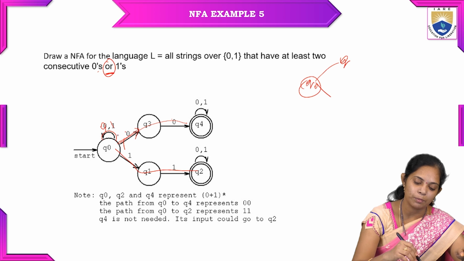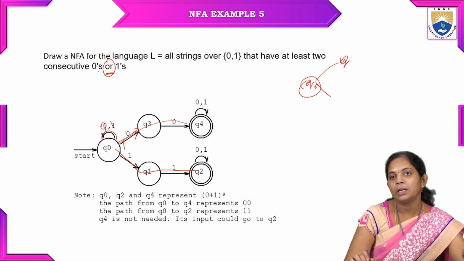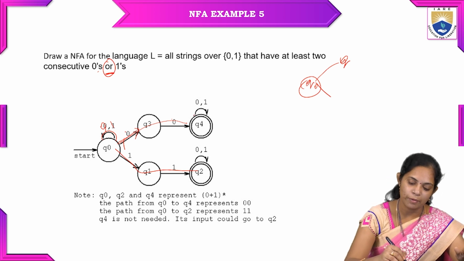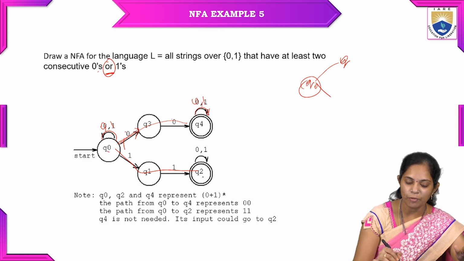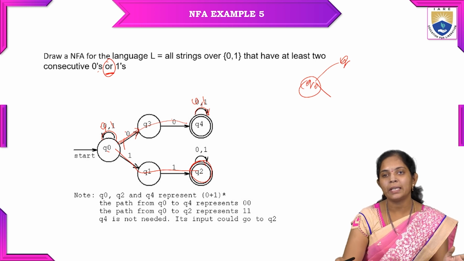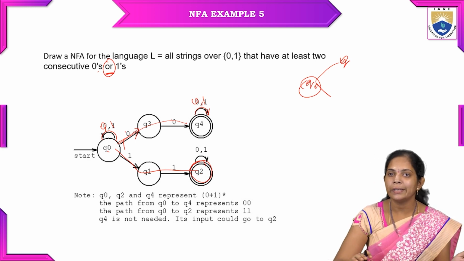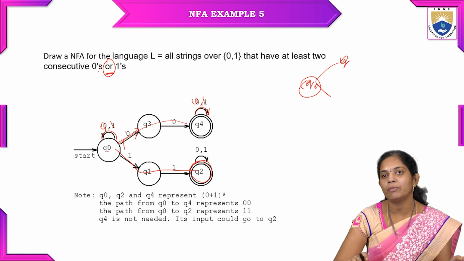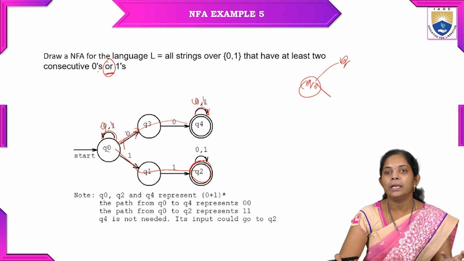With that, for all input symbols we have to give the self loop for the initial state and the final state. When there is no limitation on the starting and ending, the starting state also has the self loop with the input symbols, and the final state also has the input symbols.